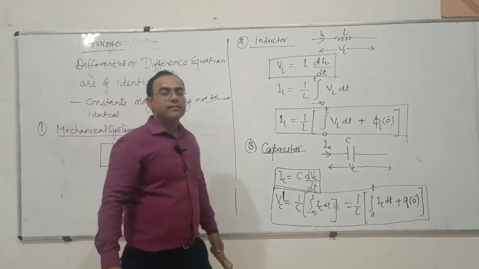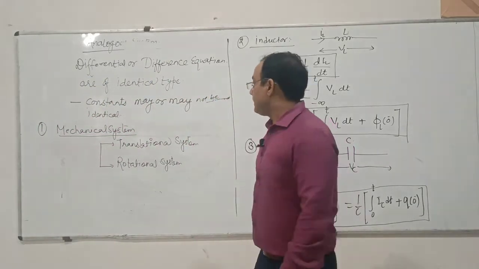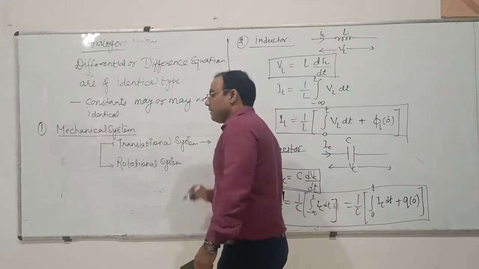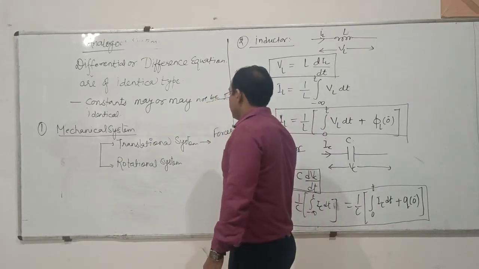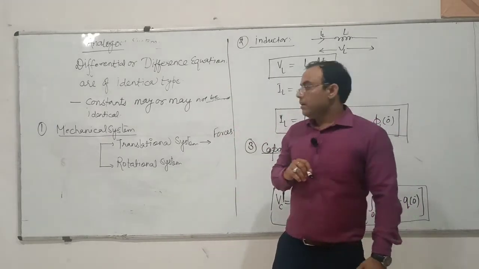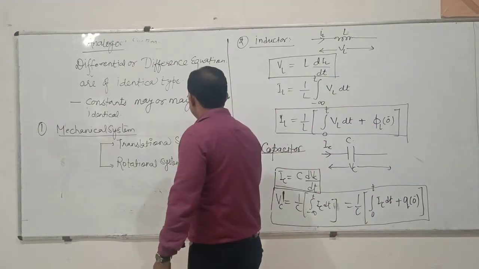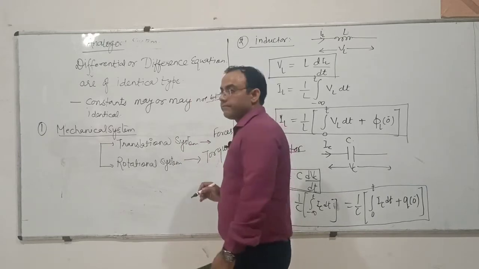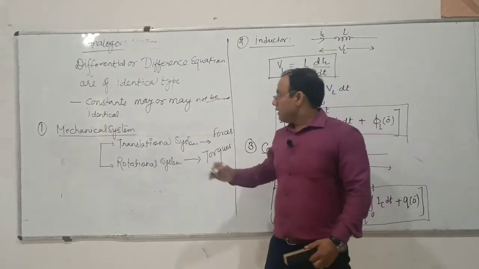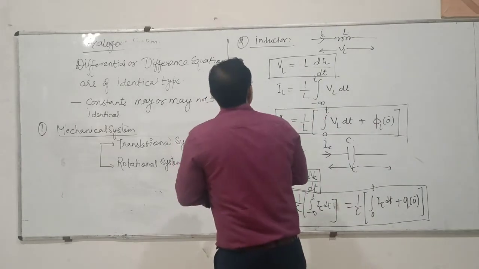In the translational system, we discuss the mechanical system in the form of forces, whereas in the rotational system, we discuss it in the form of torques. Okay, so let us take it one by one.